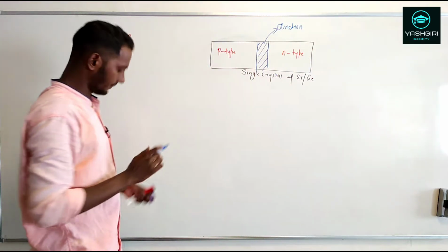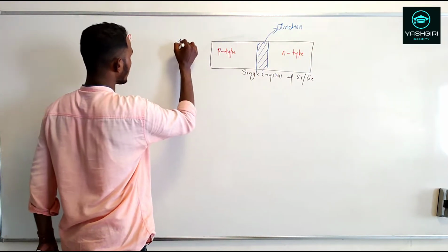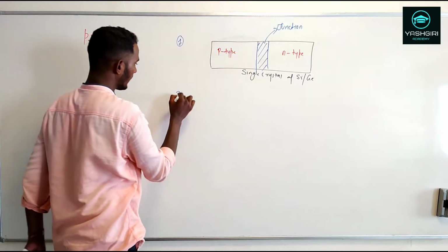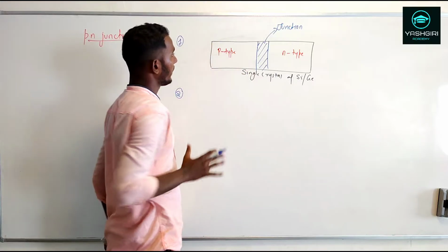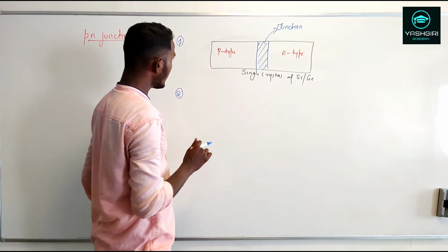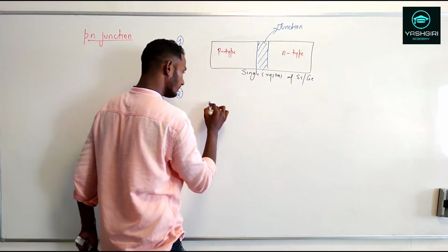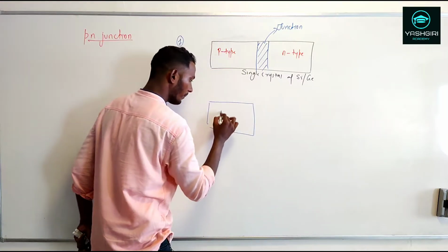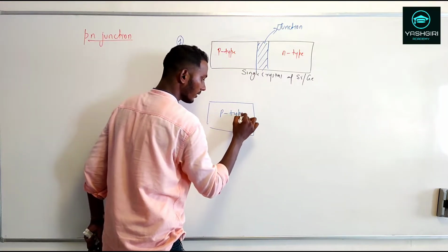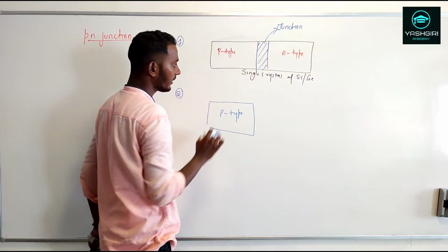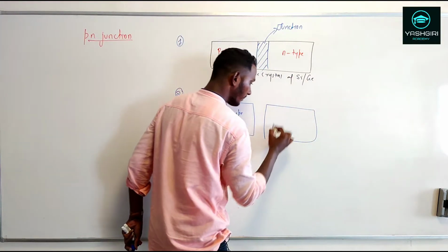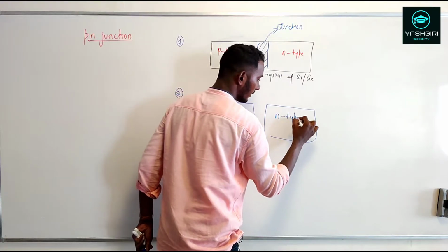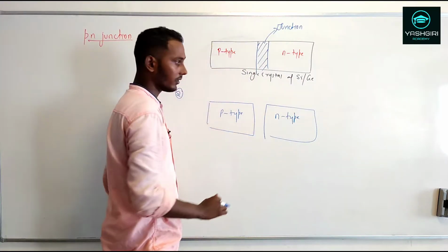Now let me put this as case 1 and let's consider a second case. In this picture, we have taken a p-type semiconductor, which is a totally different crystal, and on the other side we have taken an n-type semiconducting crystal, again a totally different crystal.